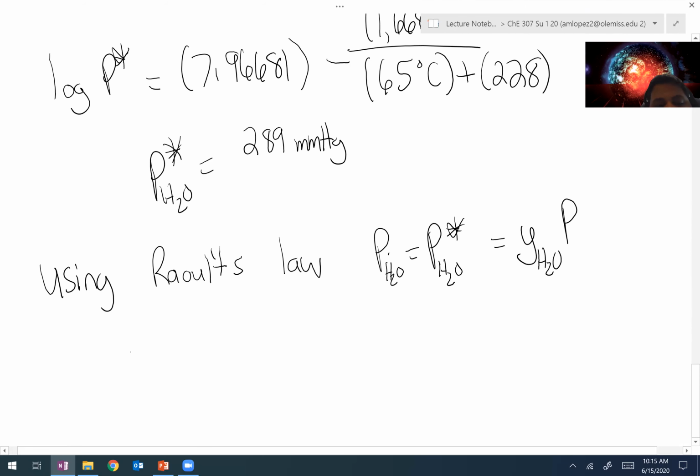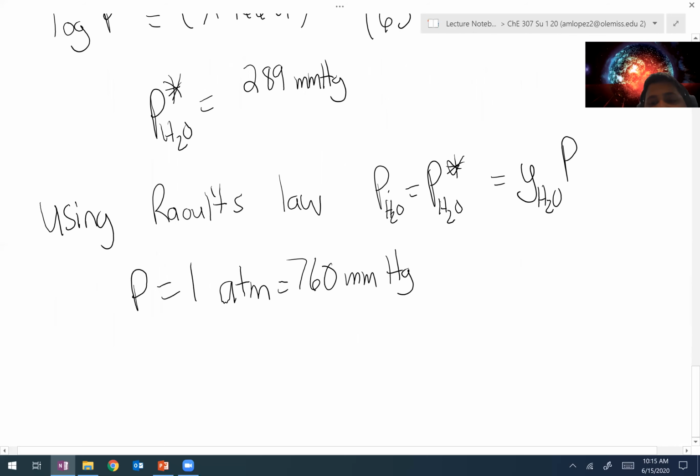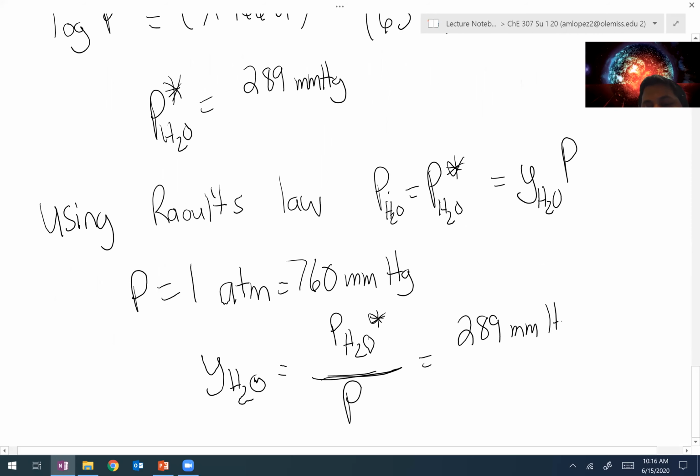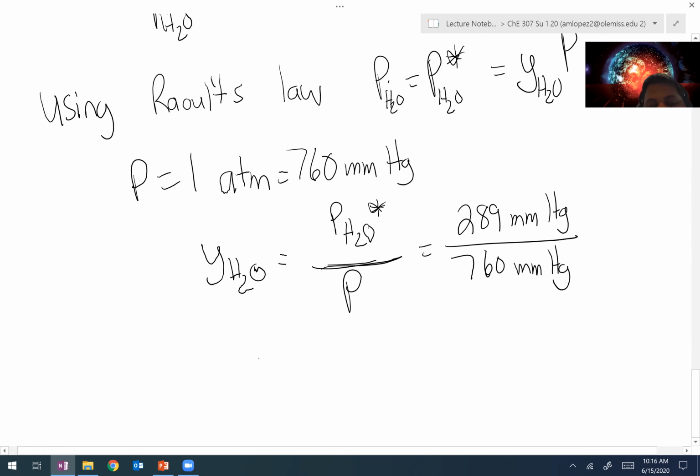Where the total pressure, like I said, was 1 atmosphere, and 1 atmosphere is 760 millimeters of mercury. And that tells me the mole fraction of the water in the air is simply that partial pressure or vapor pressure of water over the total pressure, or 289 millimeters of mercury over 760 millimeters of mercury.